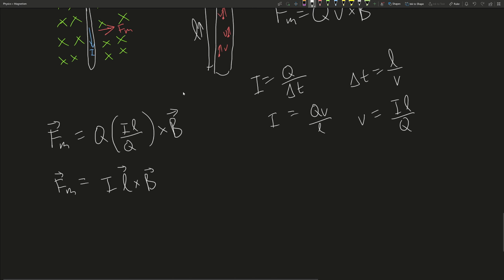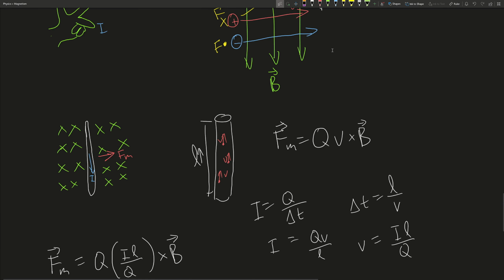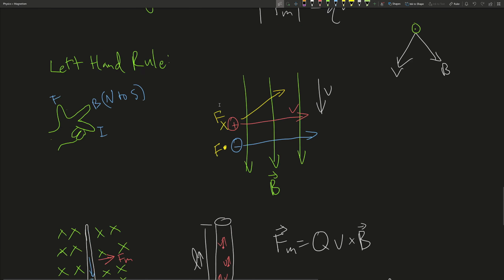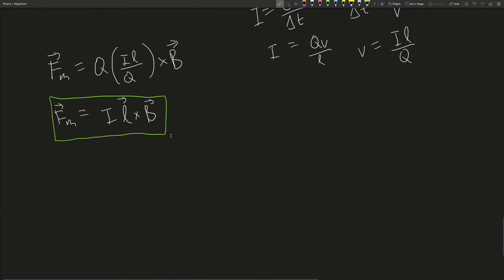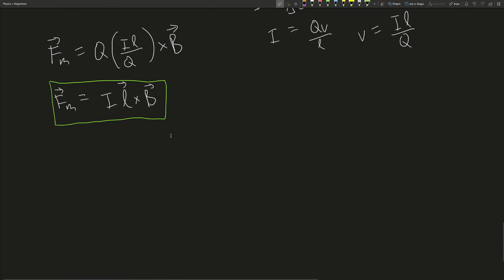And so this equation here, Fm is equal to IL cross B, is going to be the magnetic force on a wire carrying current. So these two equations both describe the Lorentz force.